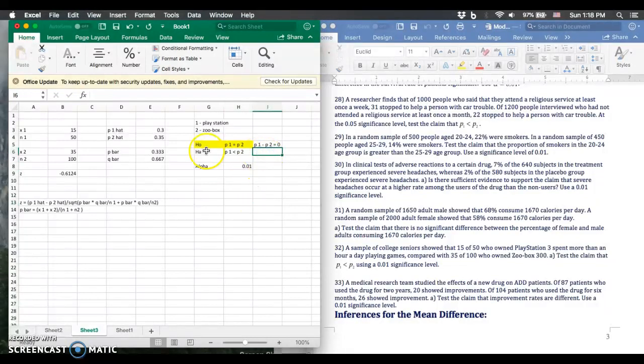Because our alternative hypothesis is that P1 is less than P2, that is a left tail. Then what I want is, on the left tail, I'm going to have the area 0.01. So left tail area is going to be 0.01.